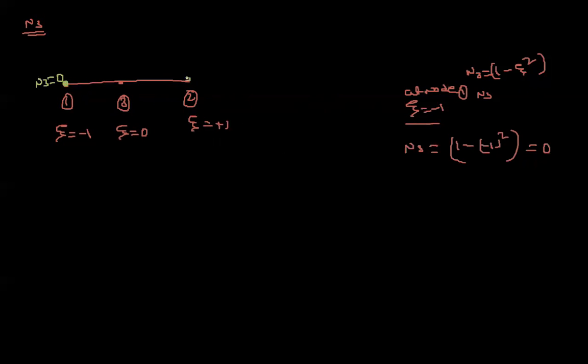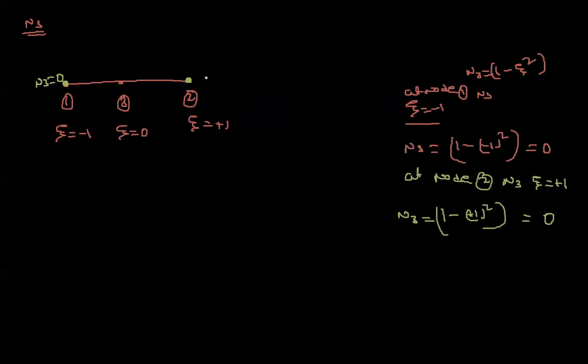Similarly, let us find the value of n3 at node point 2. At node 2, zeta is equal to plus 1. If you put that here, n3 would be equal to 1 minus plus 1 whole square, so this becomes again 0.